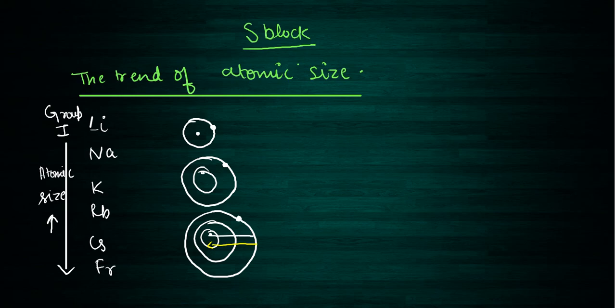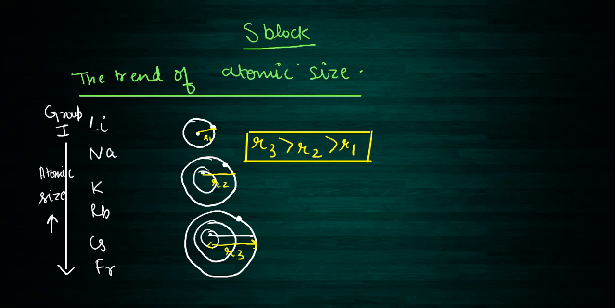As we can see, R3, R2 and R1. It's clear from this that R3 is greater than R2 is greater than R1. Why does this happen? Because as the number of shells increases, the distance from the nucleus to the last boundary of the atom increases, due to which our atomic size also increases as we go down the group.